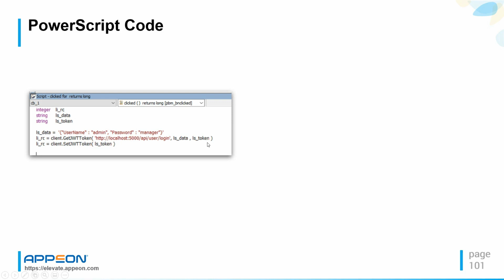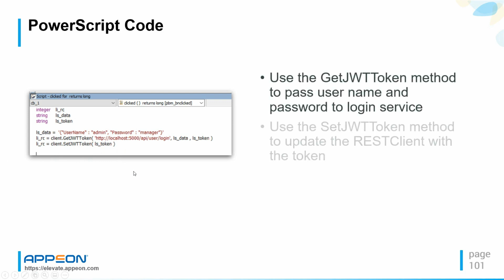I get the token back as a response. I call client.setJWTToken and just give it the bearer token. And at that point, every request that the REST client makes from that point on will just send that bearer token, and we'll get the data.